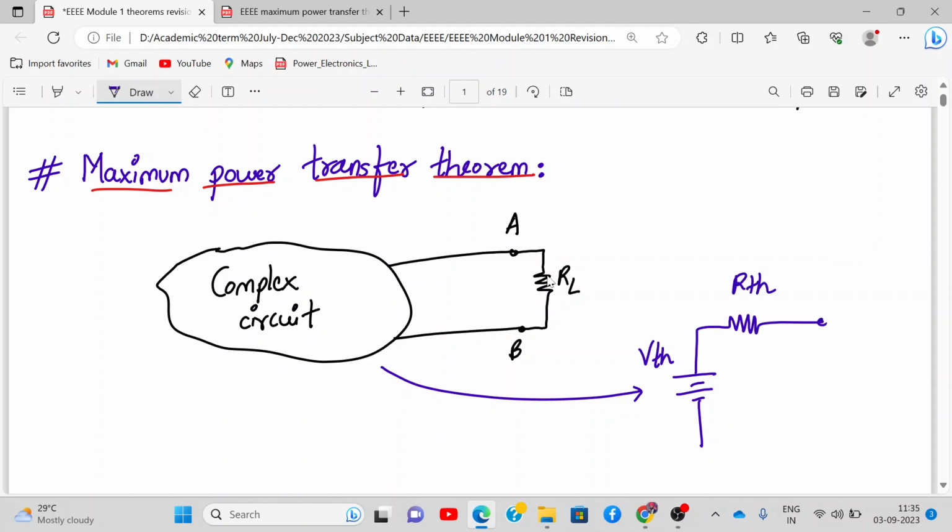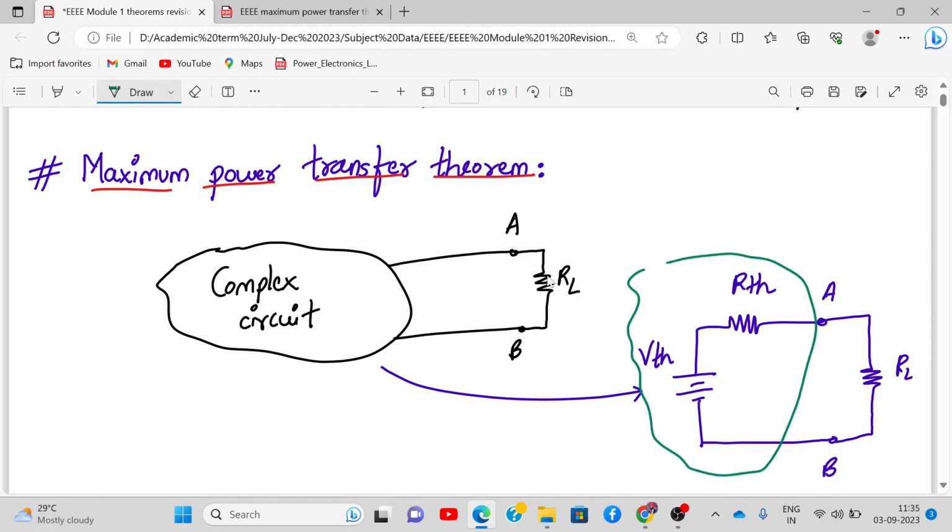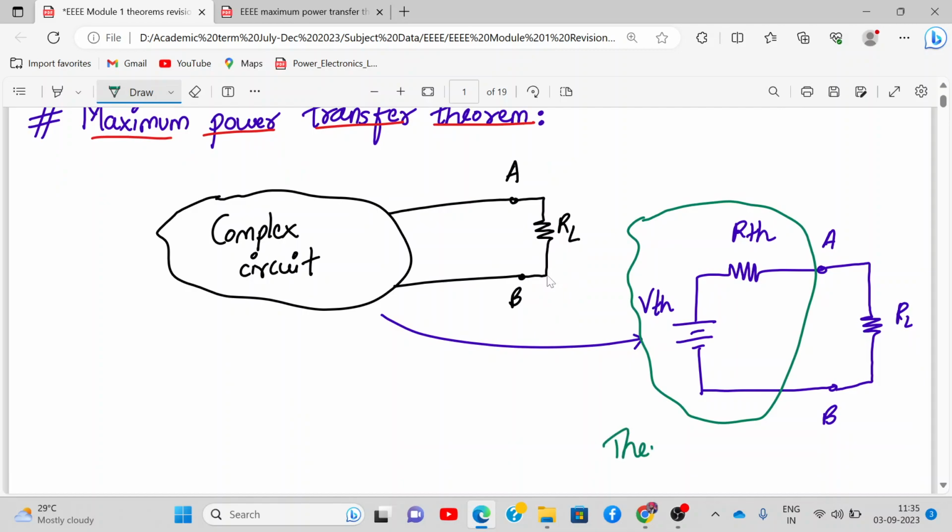Here we connect A and B back with a load resistor RL. So this complex circuit is replaced by this network, and this network is called Thevenin's equivalent circuit.